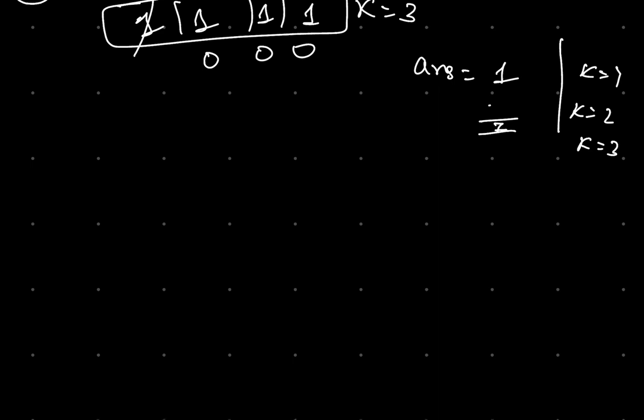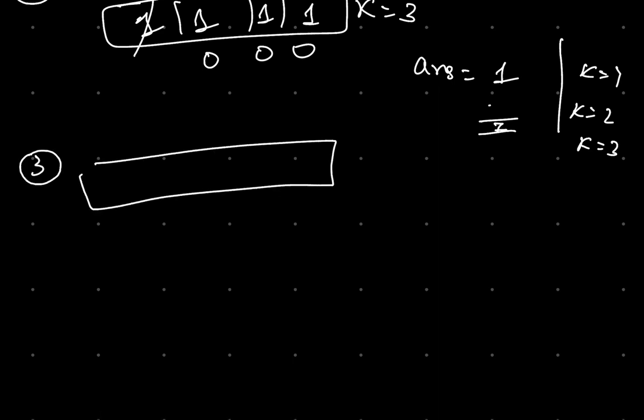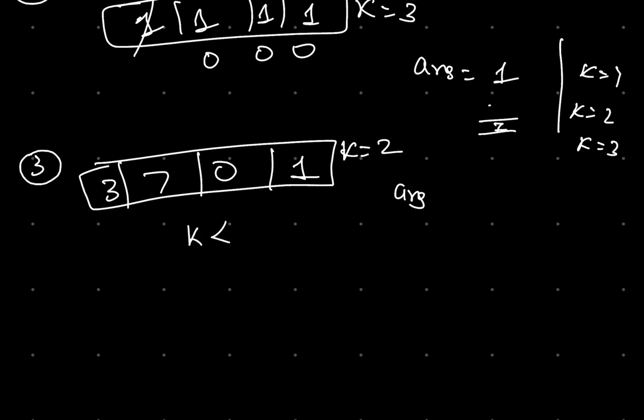Let's take one more example, let's say 3 7 0 and 1. What is the maximum value initially? K is given as 2 only. It is given in the question that k will be less than the size of the array.